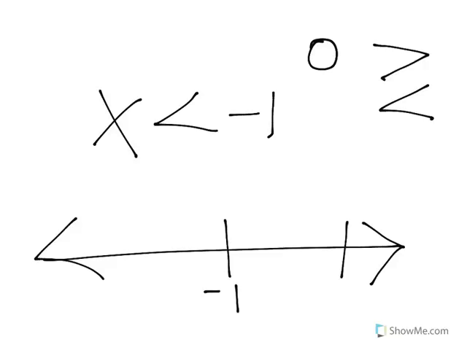After -1, what comes next when I'm counting is 0, and one number less than -1 would be -2. So I'm going to put an open dot at -1, and I think I'm going to change colors. The numbers that make the inequality true, we said, were -2, -3, and so forth, so I'm shading to the left. So that is how we graph an inequality.